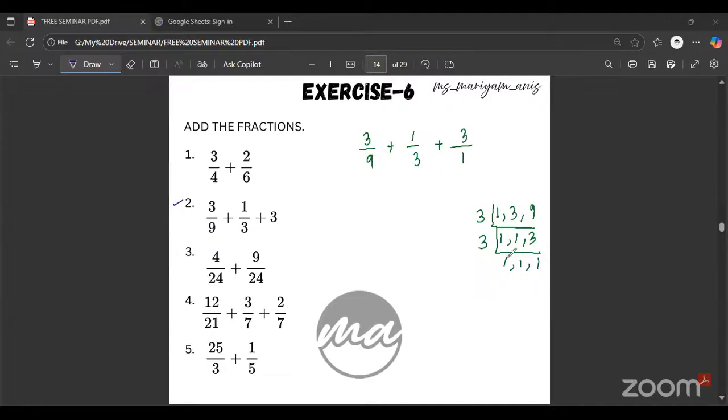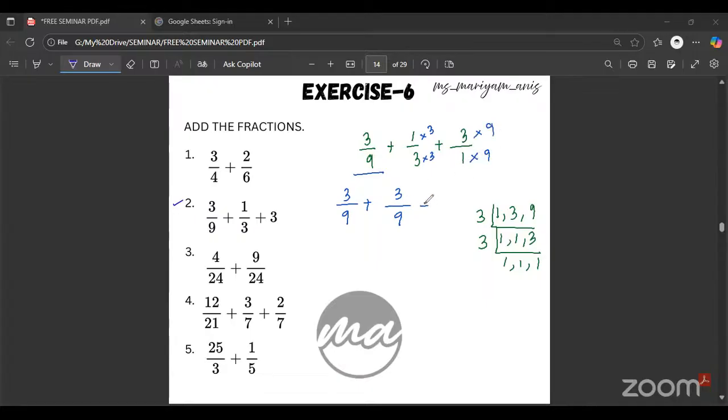What's 3 into 3? 9. Do you need to change the first fraction? No need. Second fraction, do you need to change? Yes, Miss. By what should you multiply? By 3. Right? So it will be 3 over 9. Then by what should we multiply the third fraction? 9.